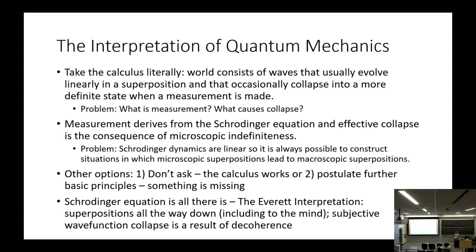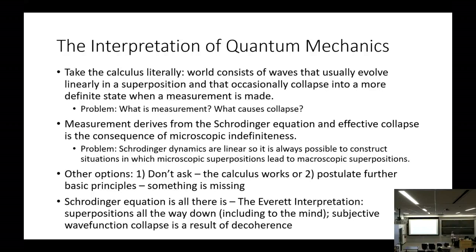So maybe measurement derives from the Schrodinger equation, and effective collapse is the consequence of something that he calls microscopic indefiniteness, meaning a fundamental probabilistic collapse would basically be replaced by an emergent statistical process in a complex system.